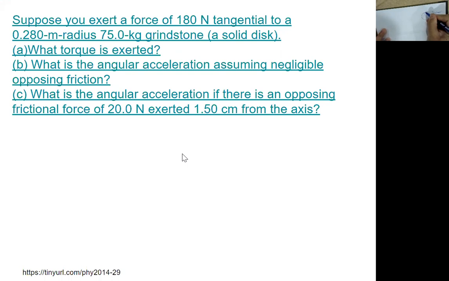It says a force is applied. So that's assuming it's going to be in this direction over here. This is where the force is applied, 180 newtons, tangential. That means if this is R over here, this and this are perpendicular to each other.